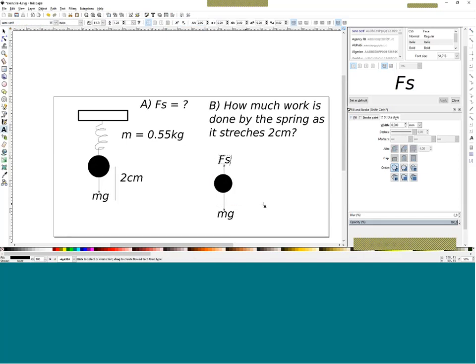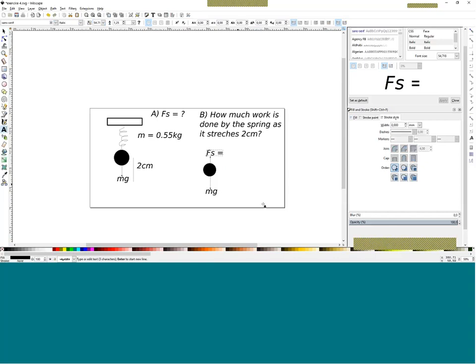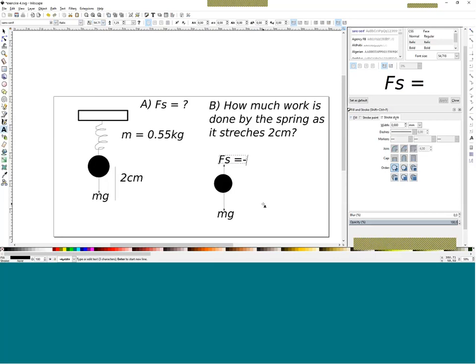But what's more relevant for section B is that we need to know what this proportionality constant is, this spring constant K. So we say that is equal to whatever distance, in which case is 2 centimeters, at equilibrium.